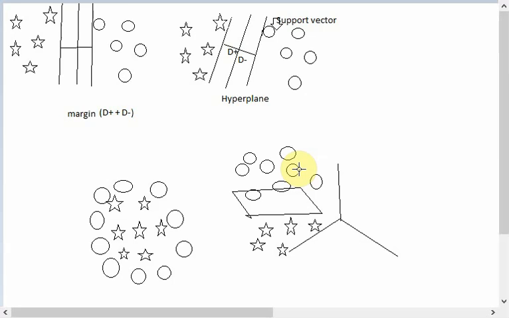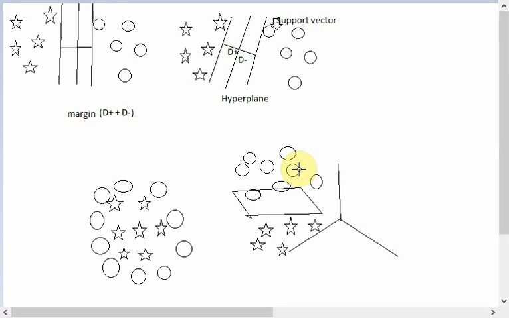So there is a thumb rule: the number of principal components should be less than the number of attributes. How do we go about the principal components? We convert from 2D to 3D or 1D to 2D, or HD to LD, higher dimension to lower dimension.